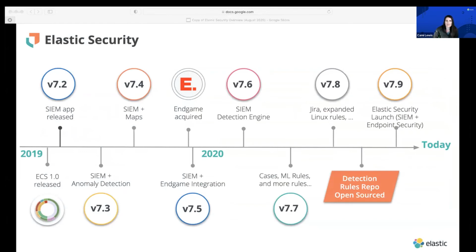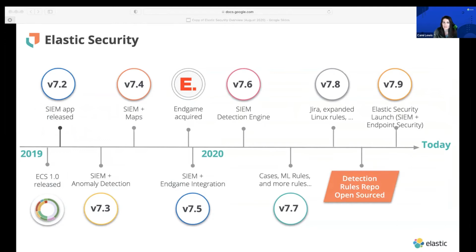And just to give you a frame of reference, our SIEM app was released with version 7.2 in June of 2019. So a little over a year ago, and we've made a lot of progress since then. So at a high level, what we've done since last year, we've added a new application in Kibana, which we originally named the SIEM app, and it's now called Elastic Security.